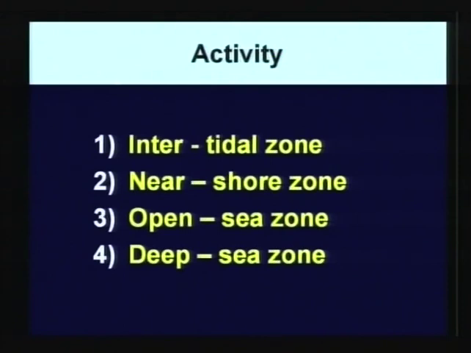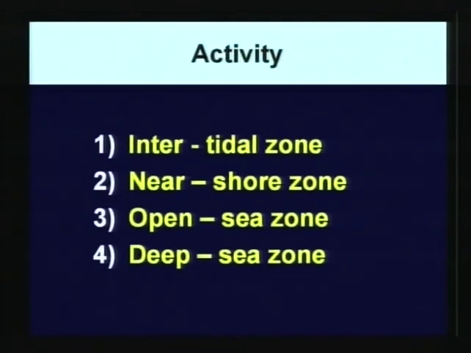Open sea zone contains mostly very tiny plants. You can only see them through a microscope, and they float around in the sea. And we have lots of fish swimming around freely. The last area of the ocean is the deep sea zone.